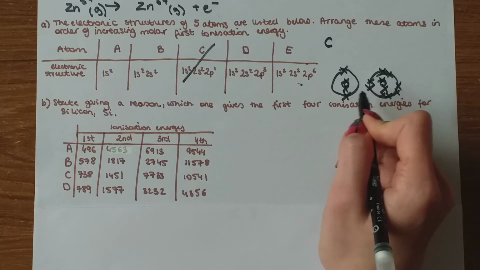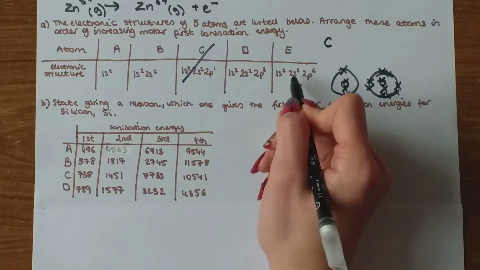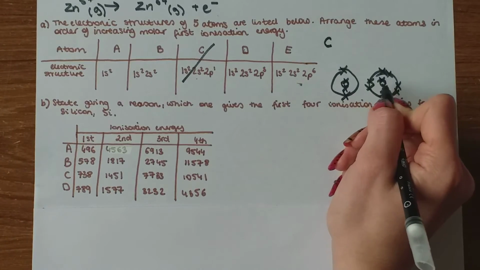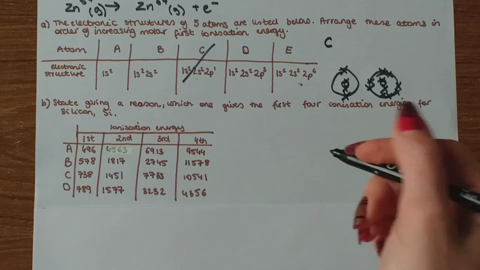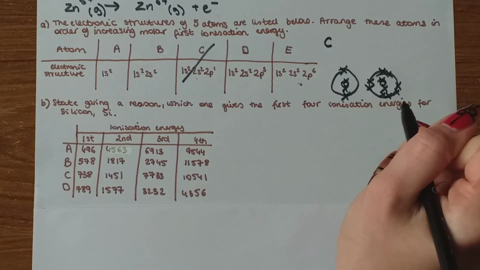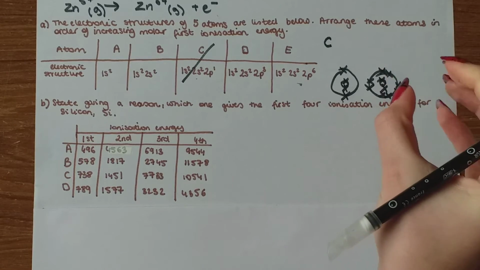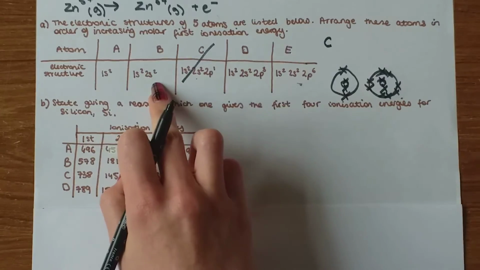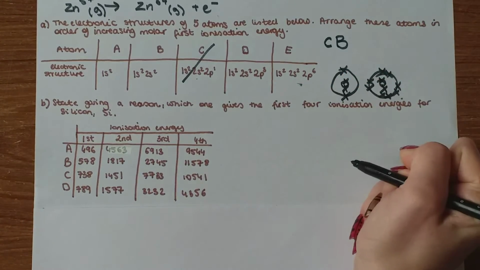This means they both have the same amount of shielding. However, D and E have still more attraction from the inside because they're bigger. They have more electrons, meaning they have more protons. So the attraction from the nucleus is greater than for B. Therefore, our next atom would be B.